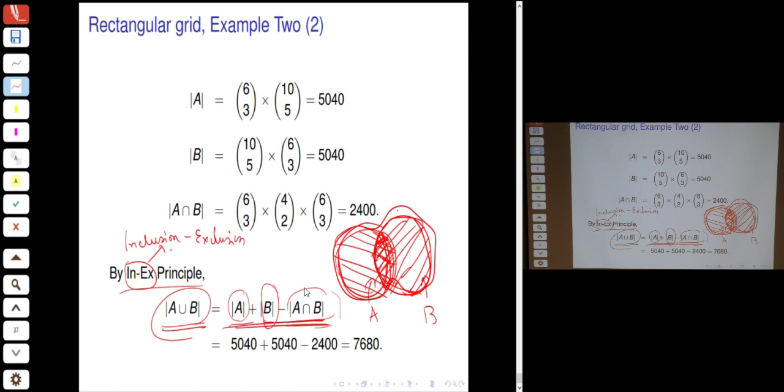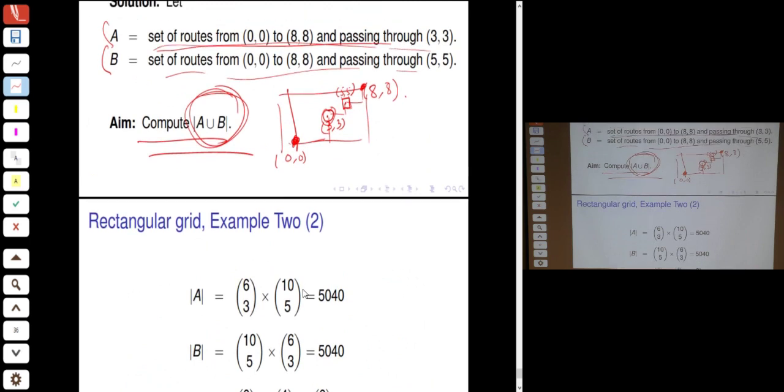Okay? So these three ingredients we will compute. So let's first compute the number of paths from (0,0) to (8,8) which pass through (3,3).